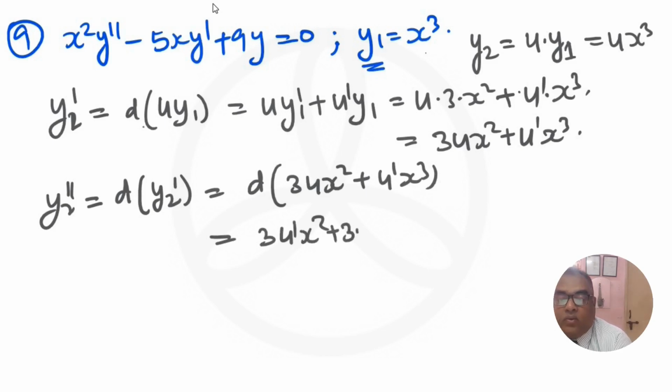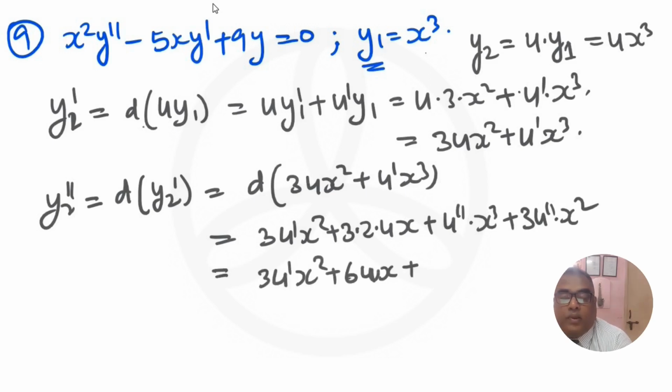Here it will give u double prime x cube plus 3u prime x square. So 3u prime x square plus 6ux, and 3u prime x square will also become 6u prime x square plus 6ux.